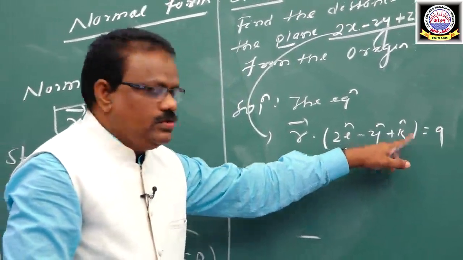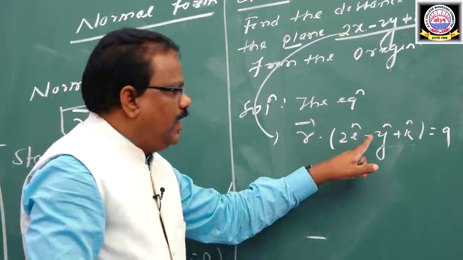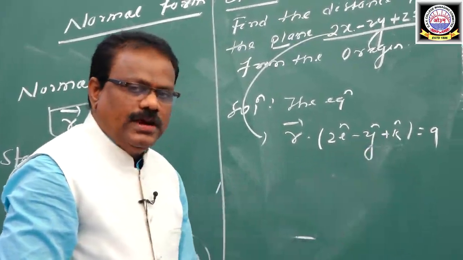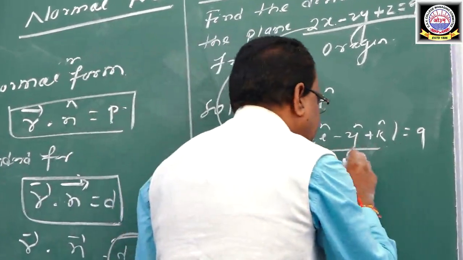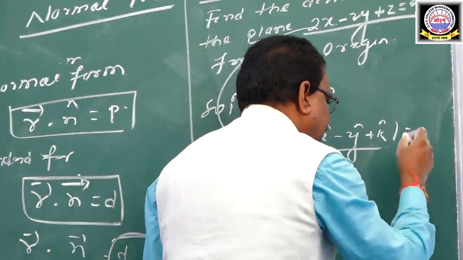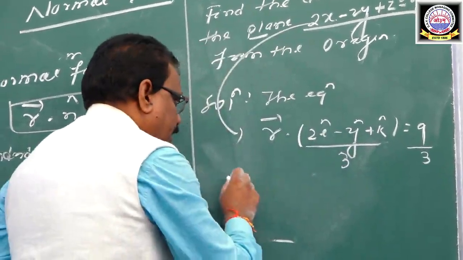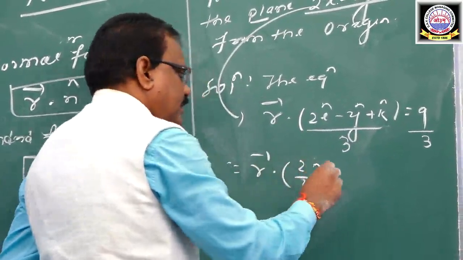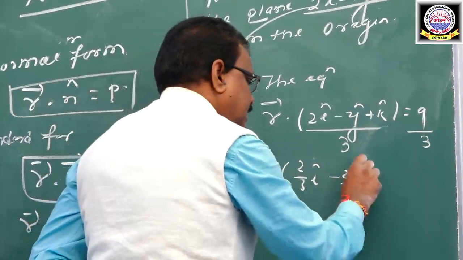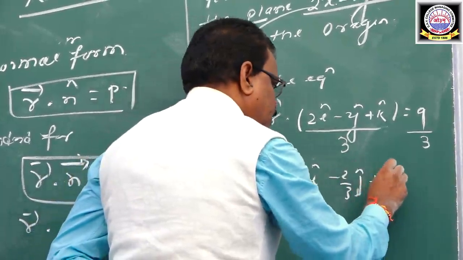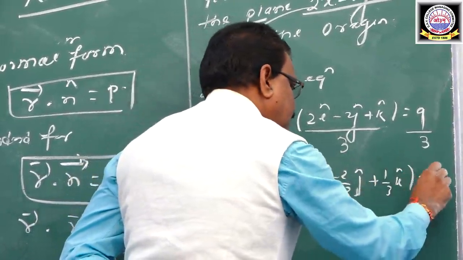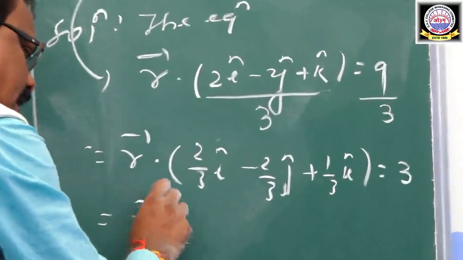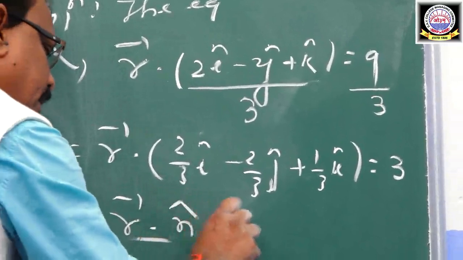Let us see the magnitude: 2 square is 4, minus 2 square is 4, 4 plus 4 is 8, plus 1 is 9, root over 9 is 3. I am directly dividing by 3. So r dot (2 by 3 i minus 2 by 3 j plus 1 by 3 k) is equal to 3. Now it is in the form r dot n cap is equal to p.